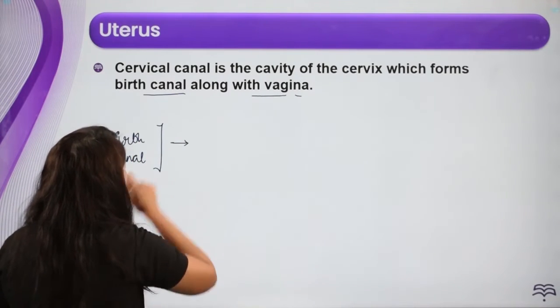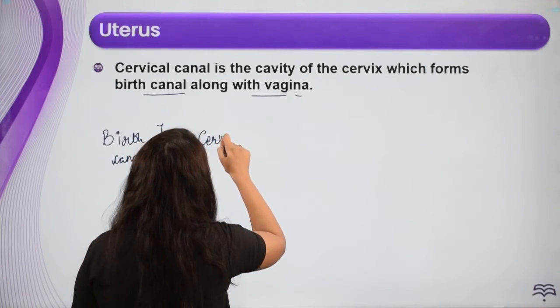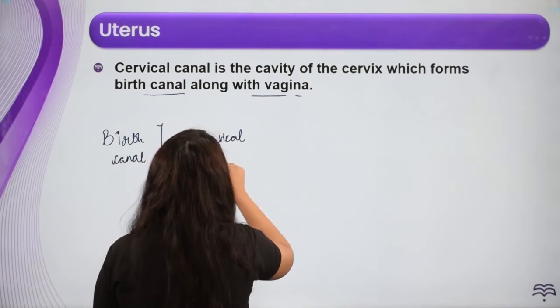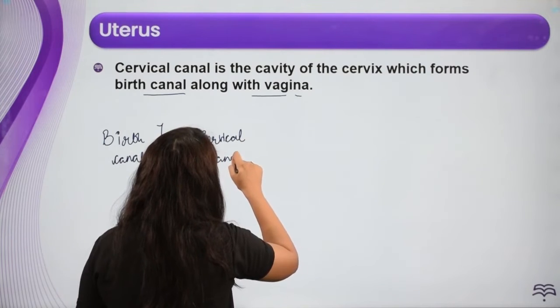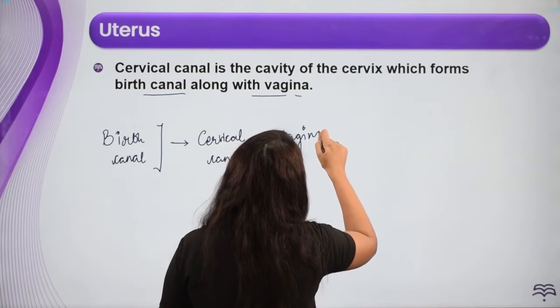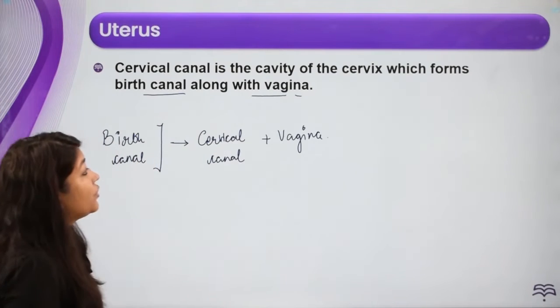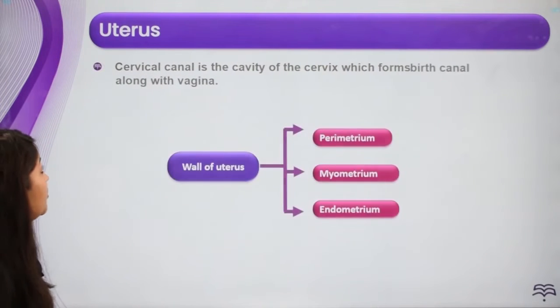The two components of the birth canal are the cervical canal along with the vagina. So these two are the components of the birth canal, which is very important.